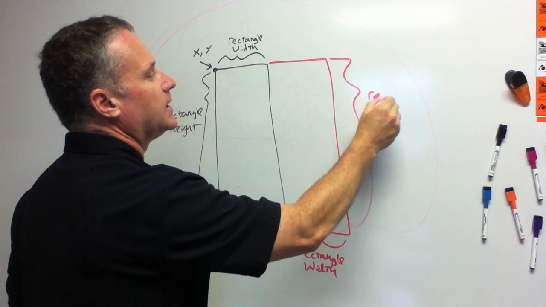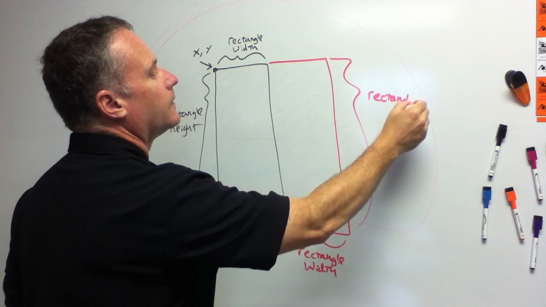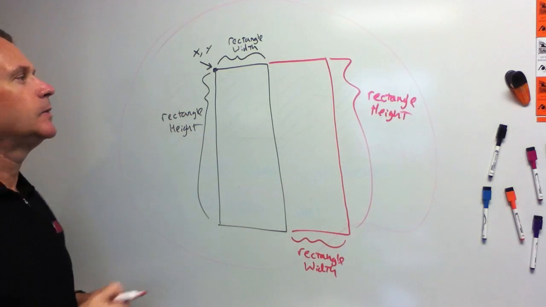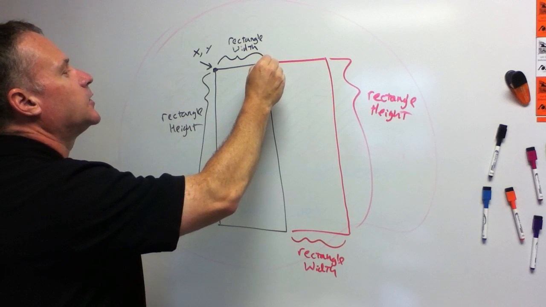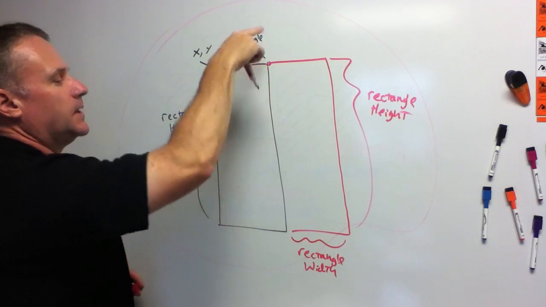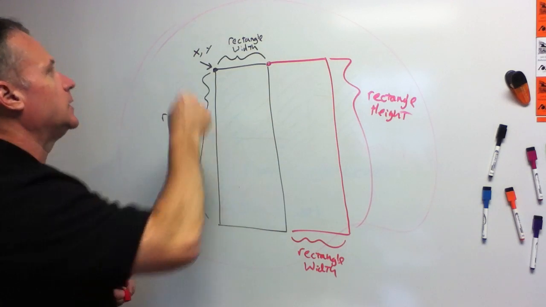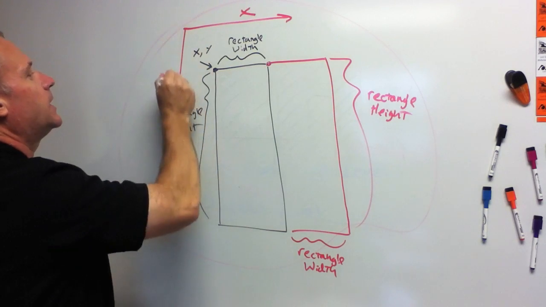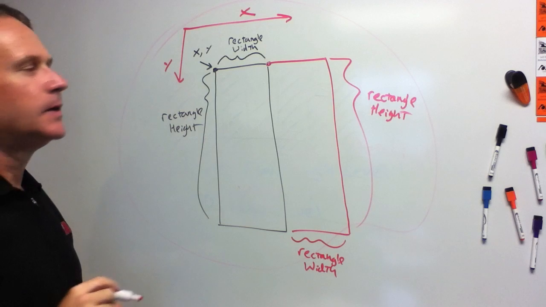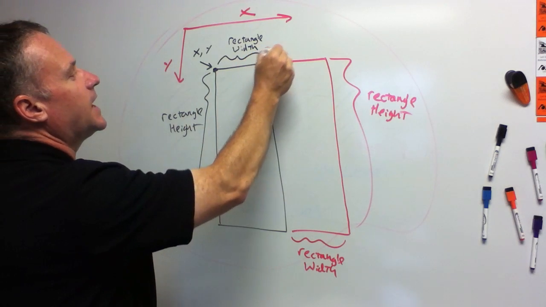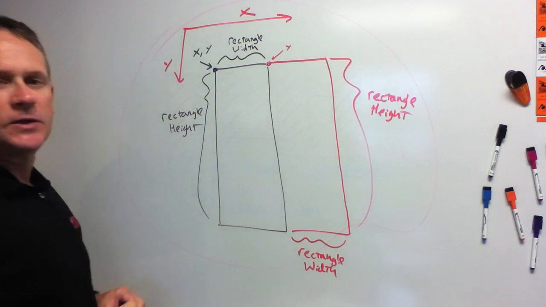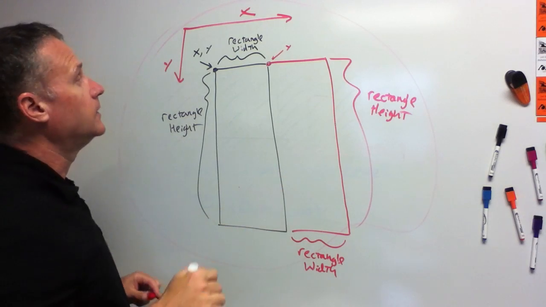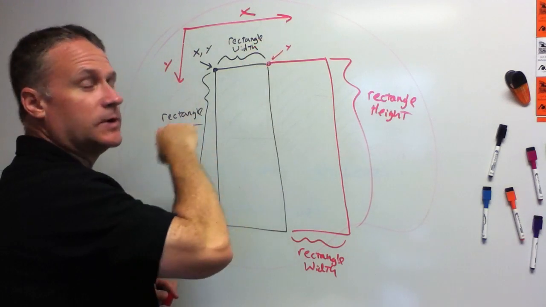The height is also the same. As far as our coordinates go, the up and down dimension, which we're worried about because our coordinate system runs this way and this way, the y coordinate is exactly the same. So the only thing that's different for the second rectangle, other than its color, is the x coordinate.